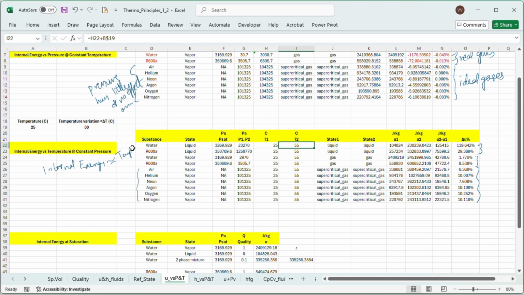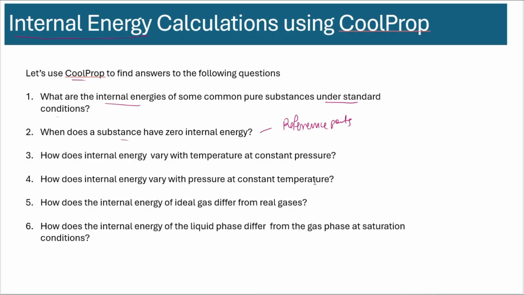So that answers some of our questions that are here. How does internal energy get affected by temperature and pressure? We also got some answers to this. Ideal gas internal energy is not dependent on pressure at all, and there's a slight pressure dependence for real gases.